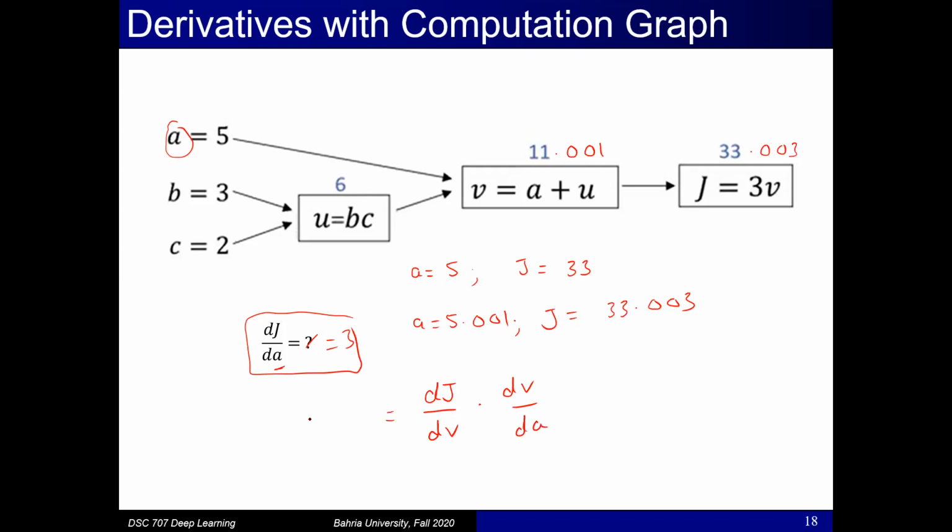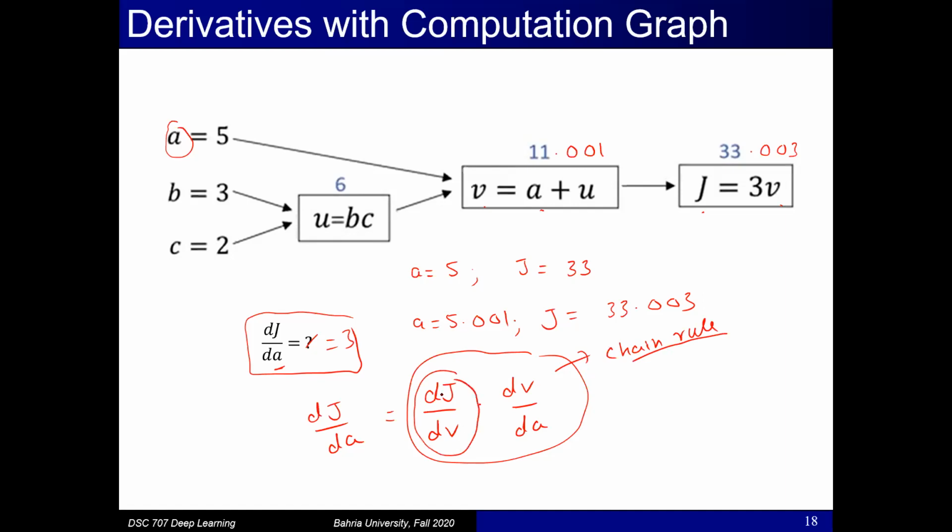So this is how I can write it in another form: if I'm interested in computing the derivative of j with respect to a, that is, if I change a, what is the impact on j, I can break it down into two steps, that I study how j changes with respect to v, because j is dependent on v and v is dependent on a. So this is what we call in calculus the famous chain rule. Okay, and if we do it, you already know what this is.